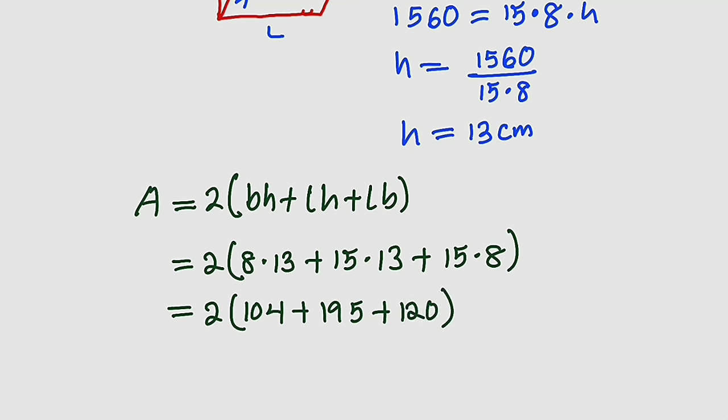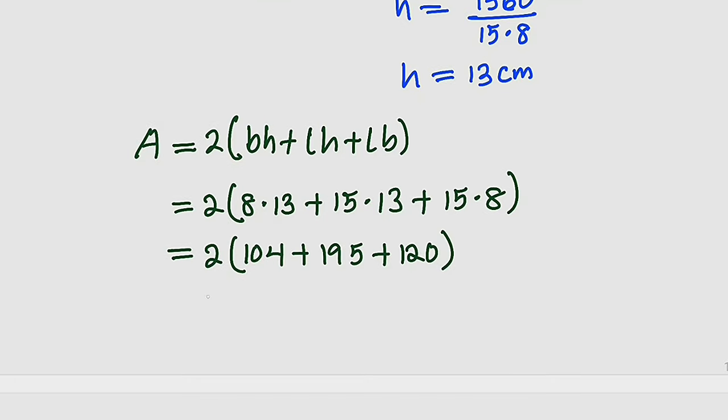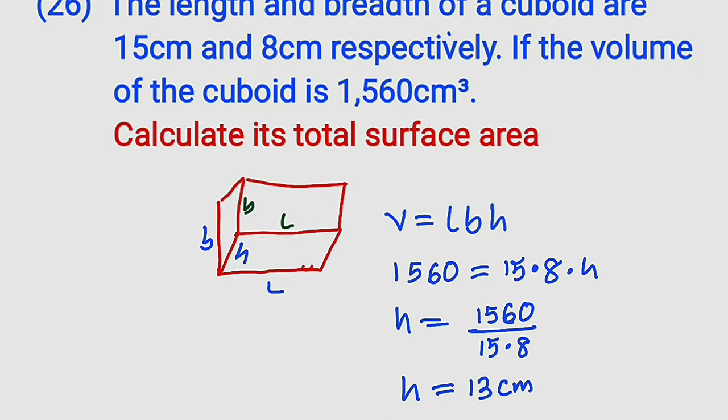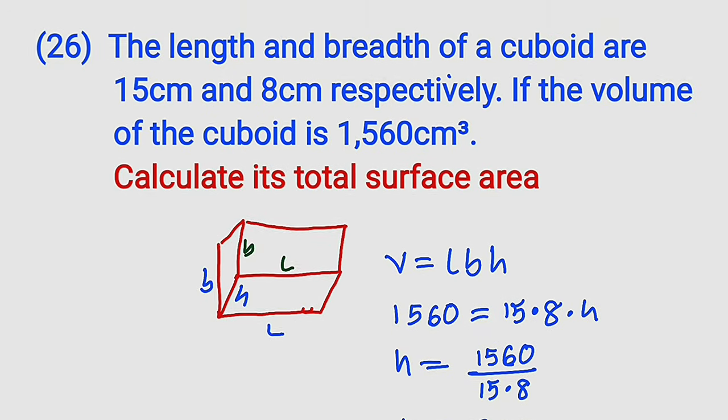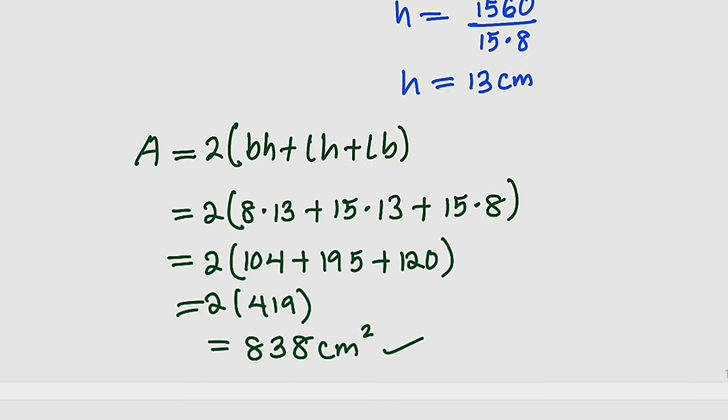Then we need to add all of these numbers together. 120 plus 195 plus 104, that is 419. 2 multiplied by 419. If you do that, you're going to get 838 cm squared. And this is said to be the total surface area of this cuboid. Now let us move on to question number 27.